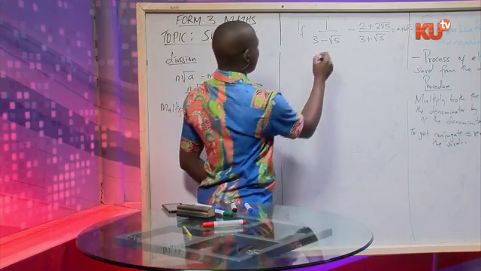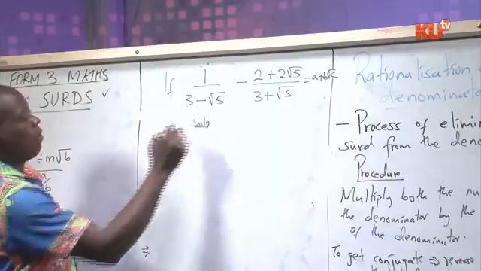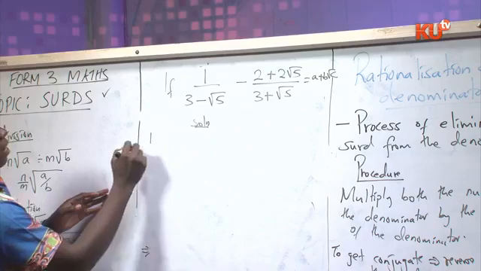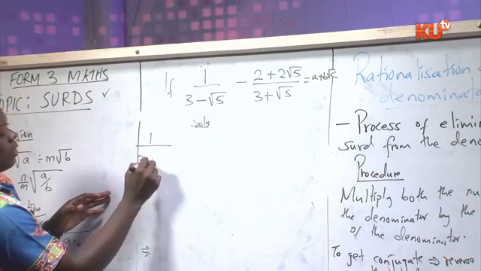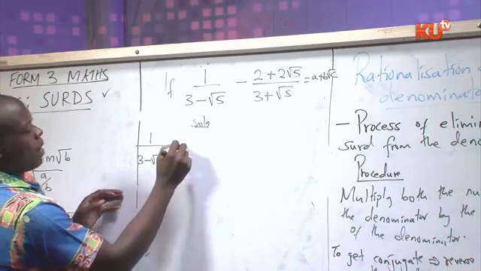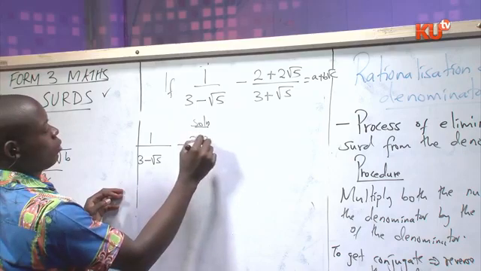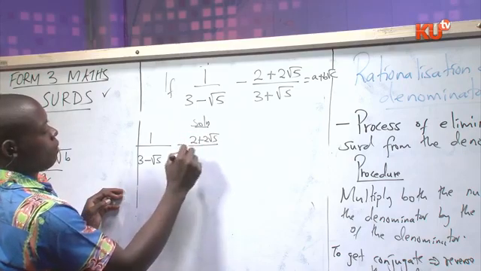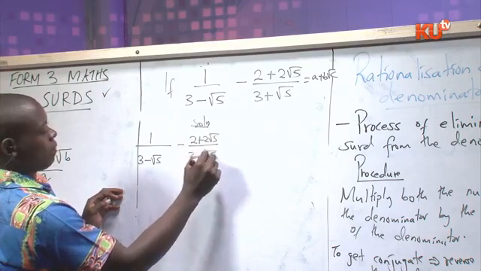Now, we can work out this. In this case, we have 1 over 3 less root 5 minus 2 plus 2 root 5 over 3 plus root 5.